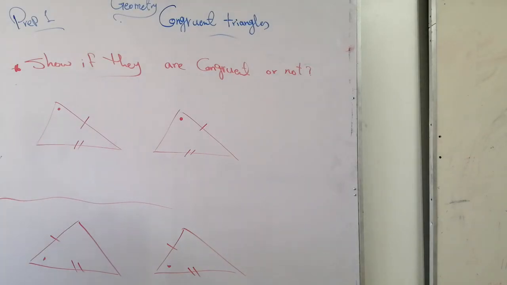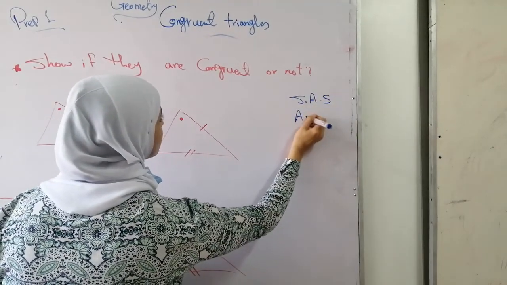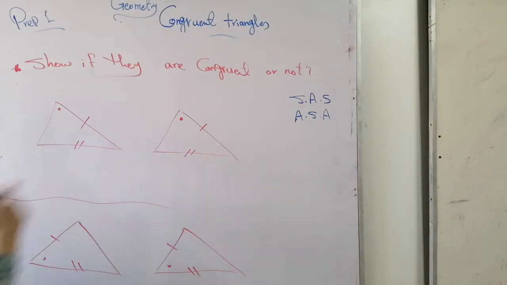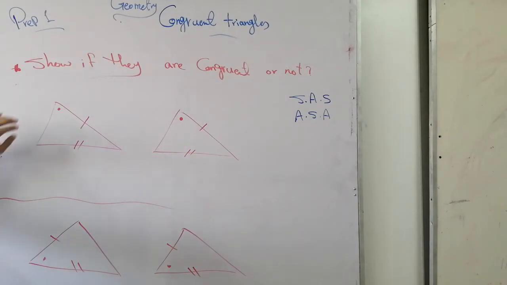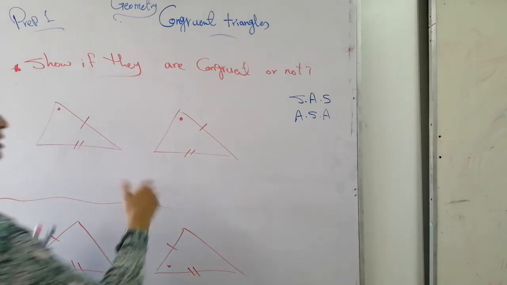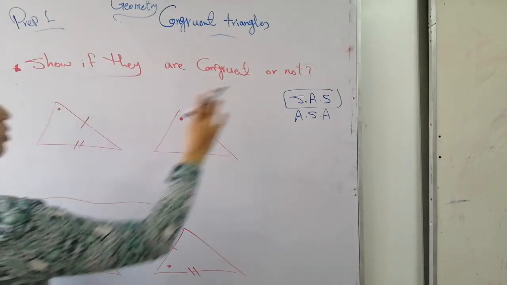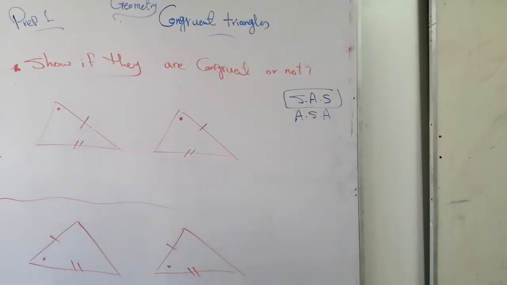What should I do? Let's review the two cases I have, side angle side and angle side angle, and see whether the two triangles satisfy any of these cases or not. I have two sides and one angle, which might match side angle side. But in that case the angle must be the included angle between these two sides.